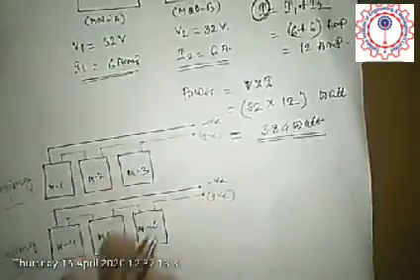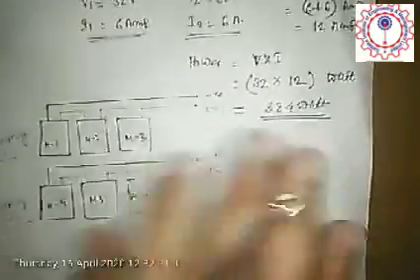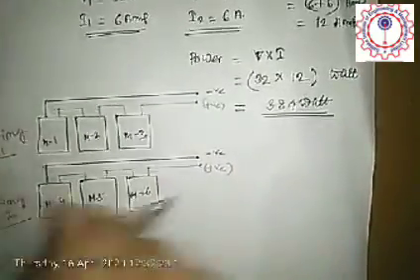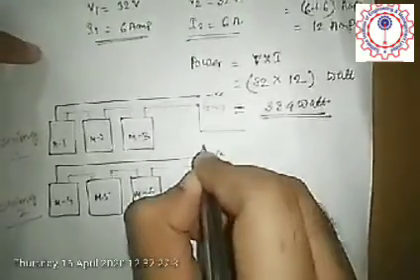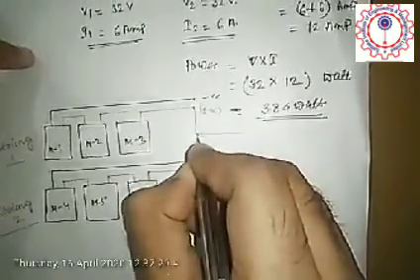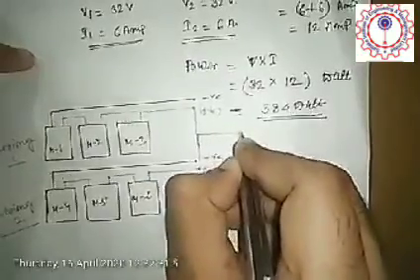When these two strings are connected in parallel, what will happen?